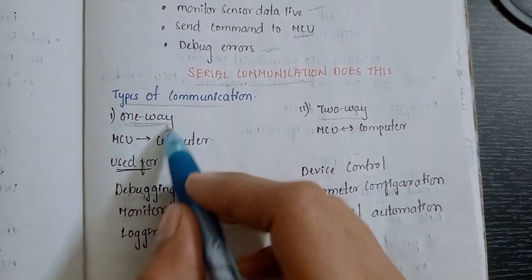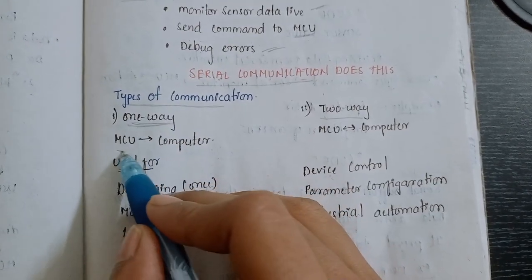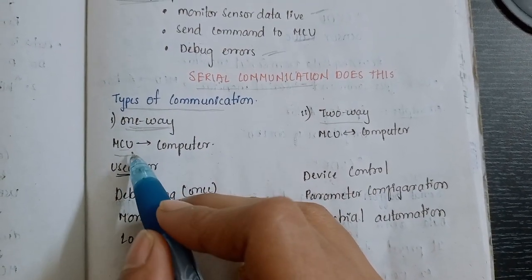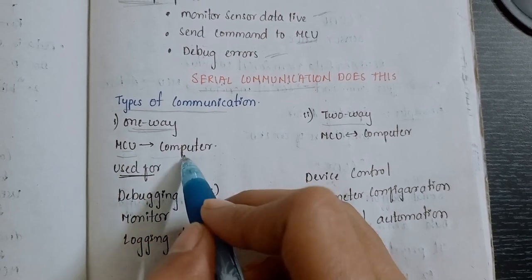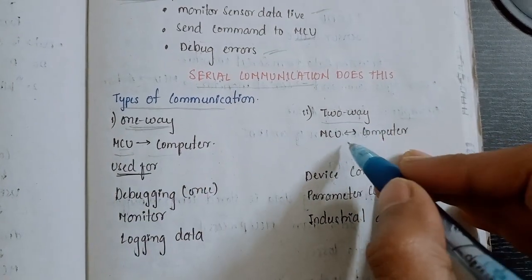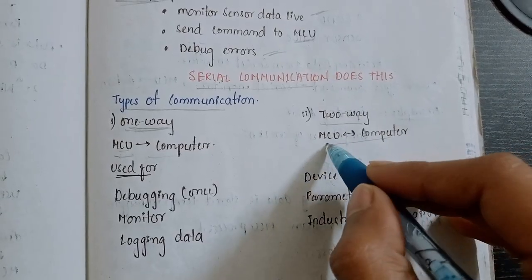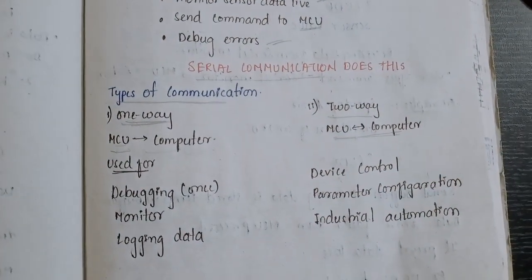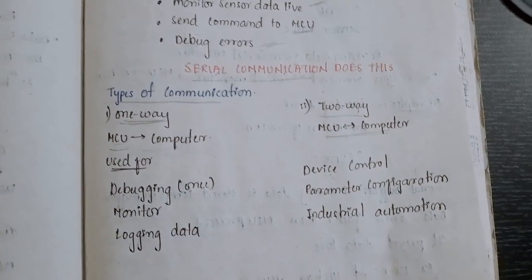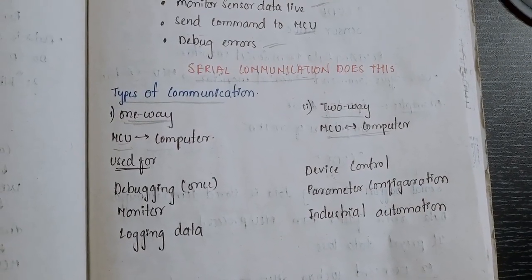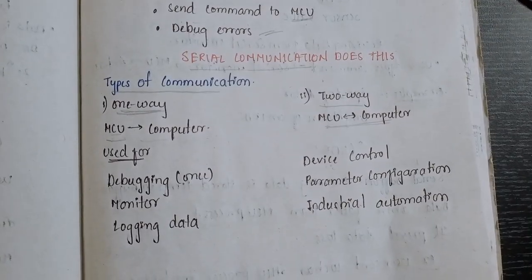One way communication is unidirectional. The data will be transferred from the microcontroller unit to the computer. Two way is bidirectional. The microcontroller unit and the computer will be communicating successively for better improvement and functionality of the firmware.